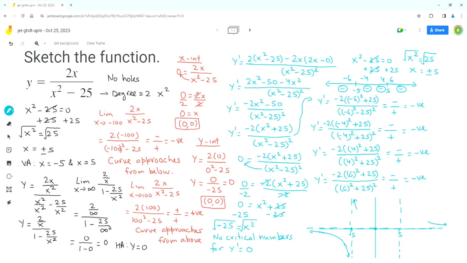Now at the vertical asymptote x equals 5, on the left side the function is decreasing, so the behavior around that asymptote will be like this. And since the x and y intercepts are at the origin, the curve can be shown like this.